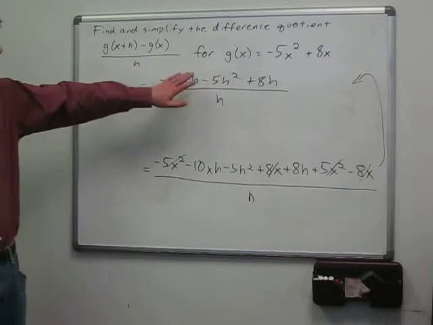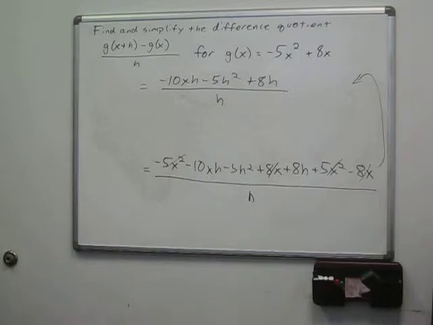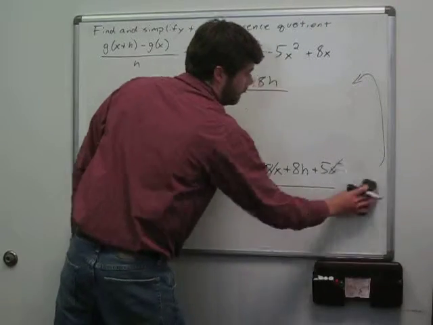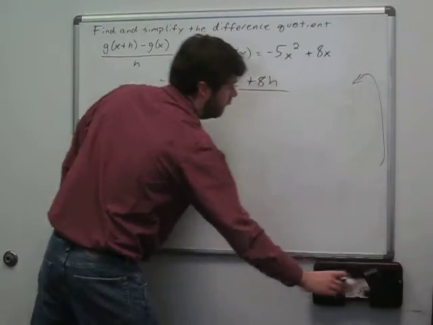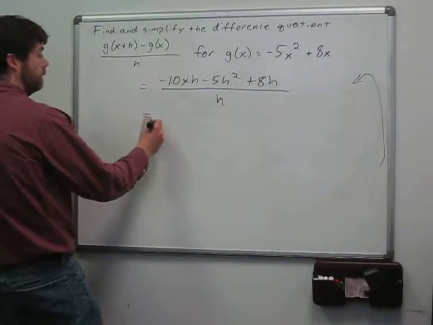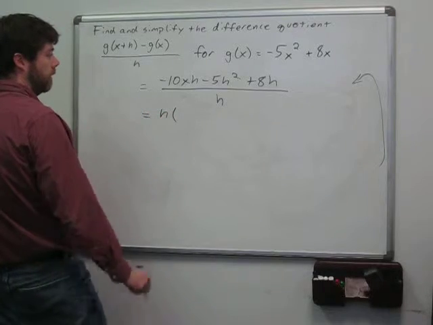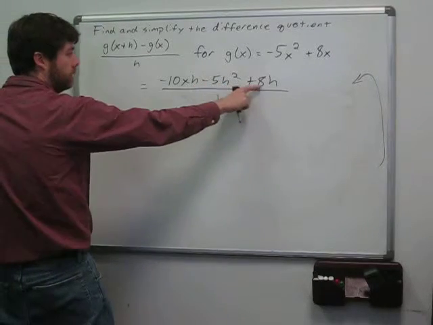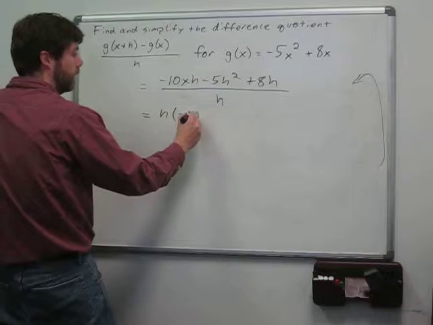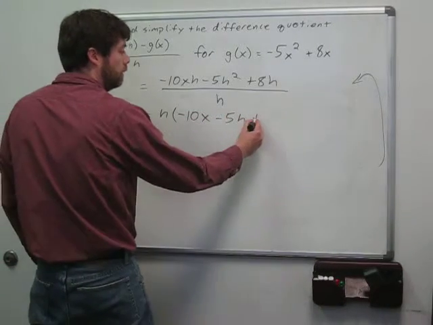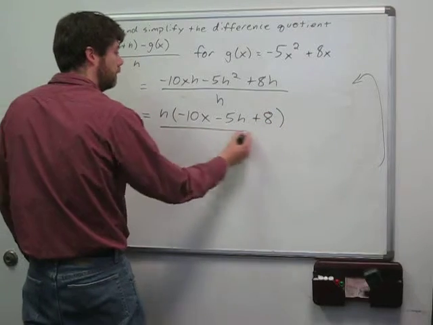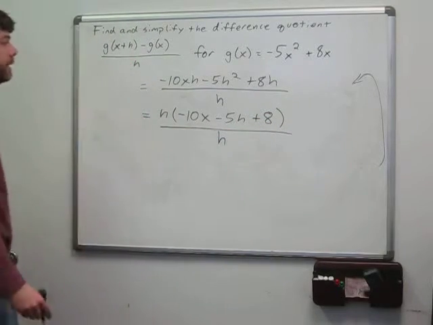And again, because we have at least one h in all of our terms in the numerator, we'll be able to factor an h out and cancel it with the h in the denominator. So when we factor out h from each of these terms, we're left with negative 10x minus 5h plus 8, all divided by h.